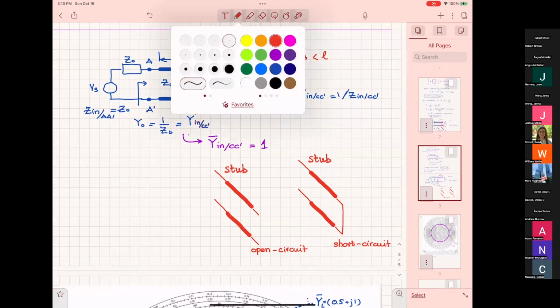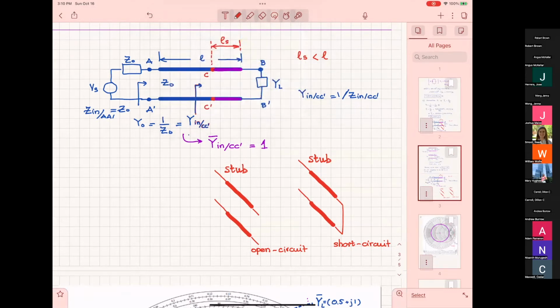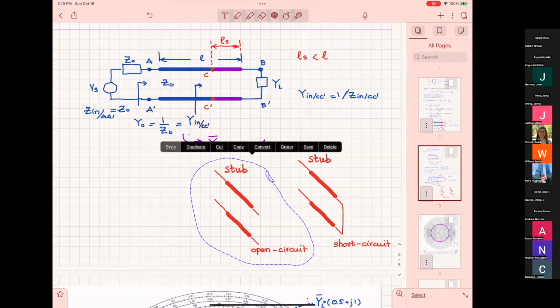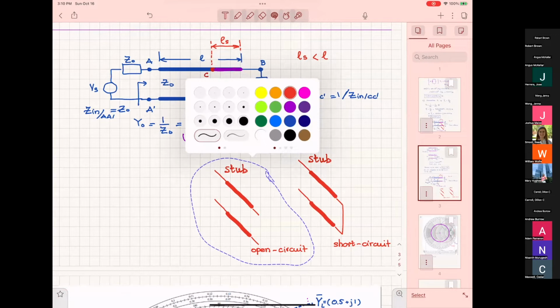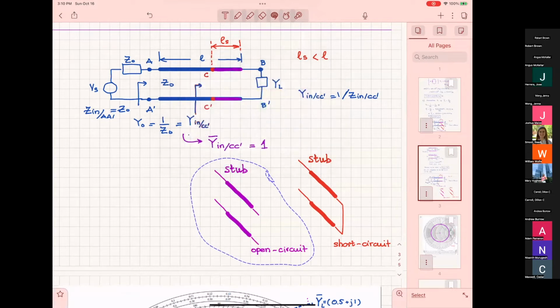Let's think about this. I will give this a different color so we separate things visually. So what is the input if this is CC prime?